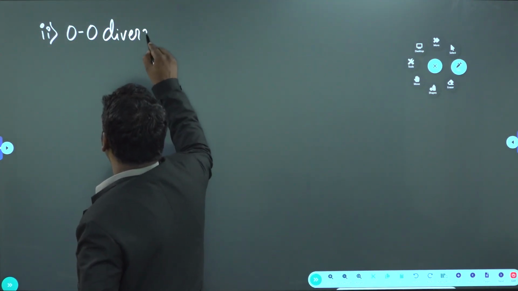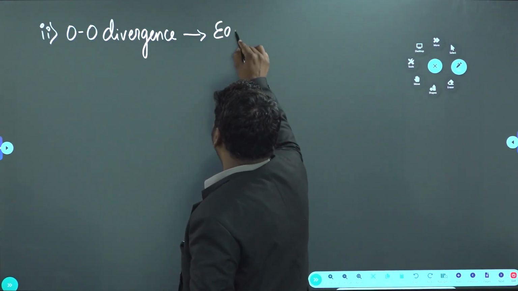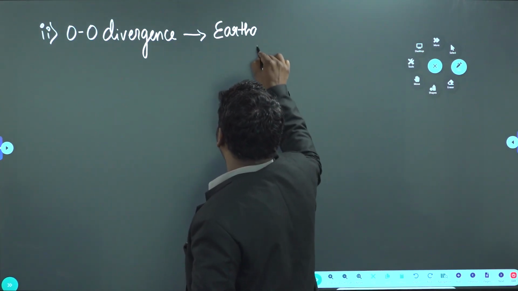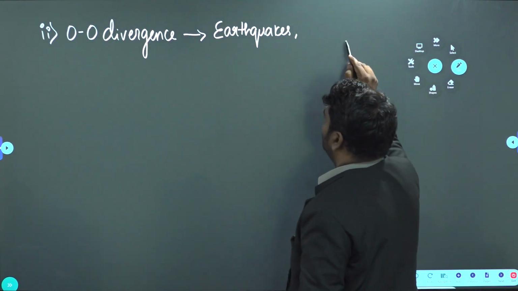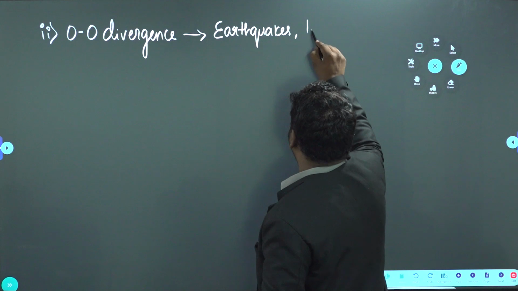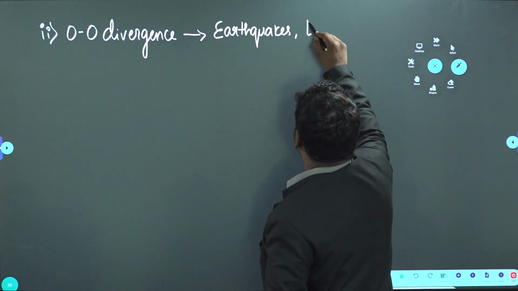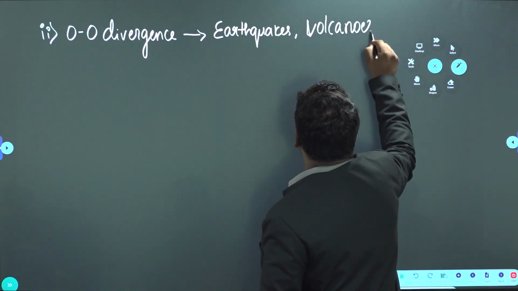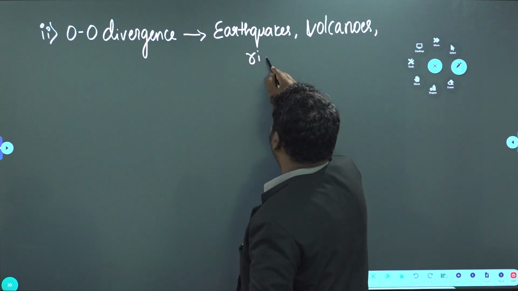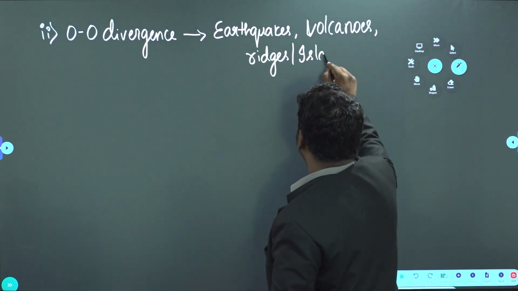Ocean divergence. Earthquakes will be there. Volcanoes will be there. Ridges or islands will be there.